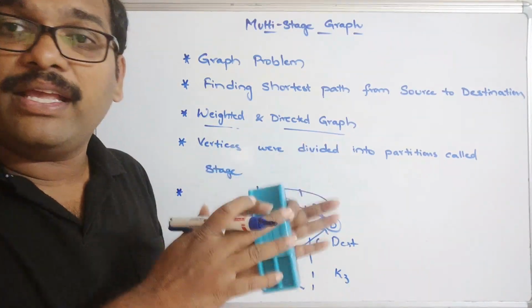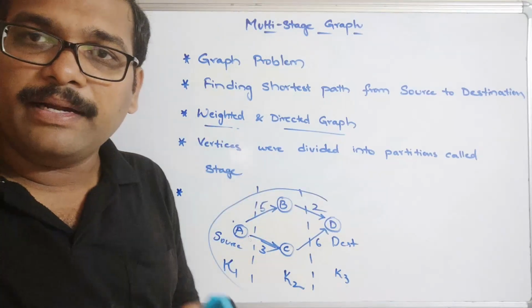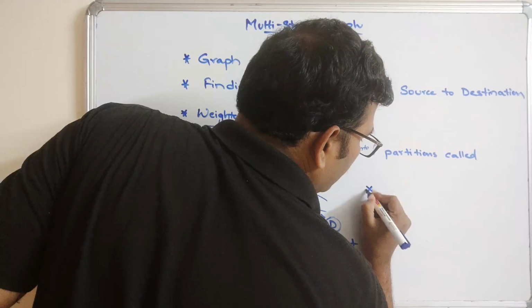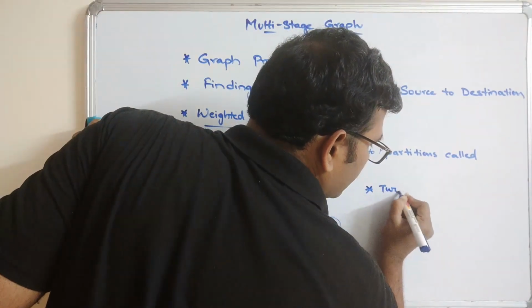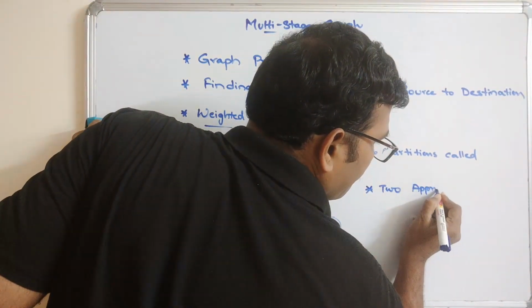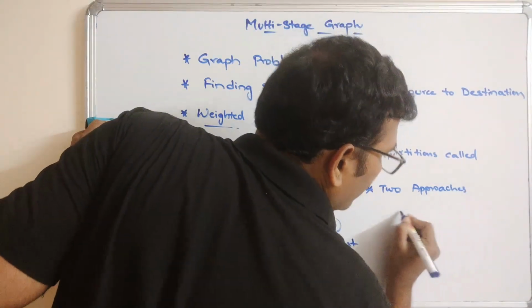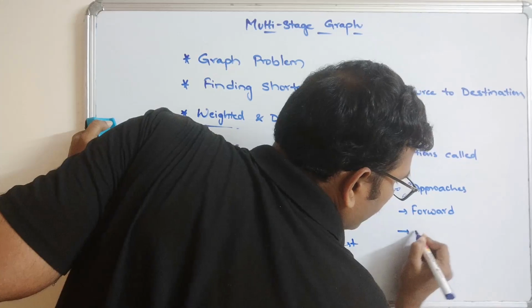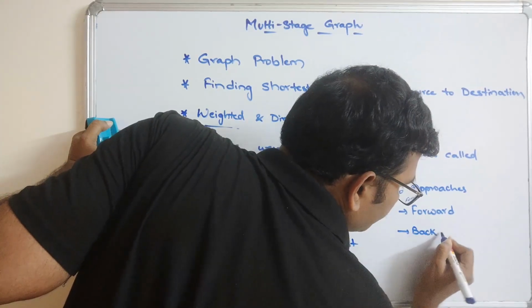Right? Then we can solve this by using dynamic programming, and such problems can be solved using two approaches. One is the forward approach, another one is the backward approach.